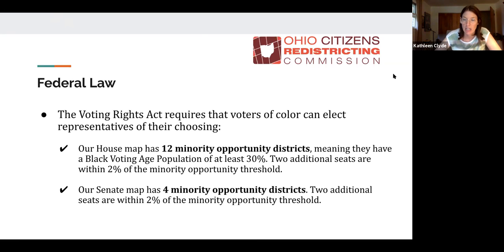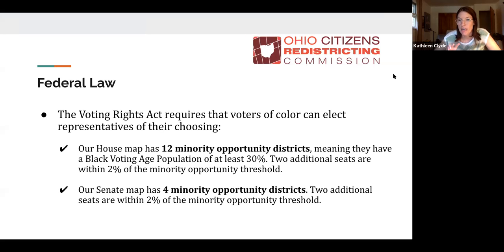So in our map, to ensure compliance with the Voting Rights Act, our House map has 12 minority opportunity districts. What that means is we have 12 districts with a Black voting age population of at least 30%.